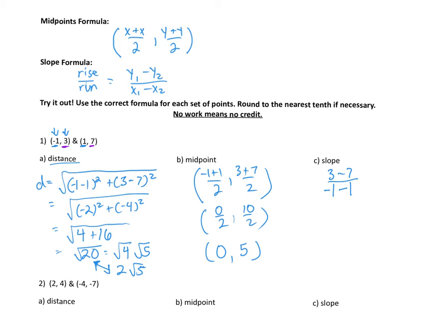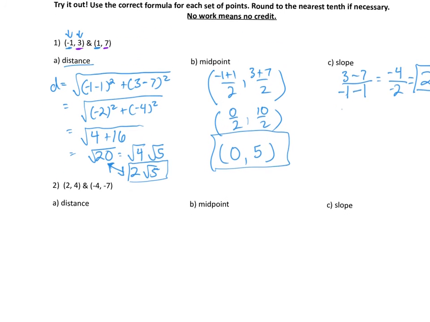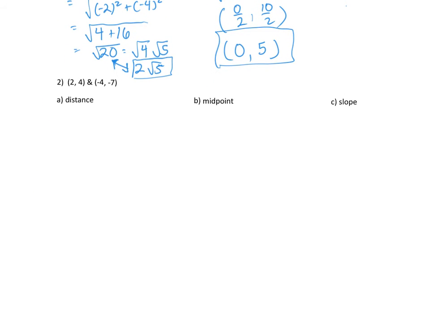And now I just have to find that slope. 3 minus 7 is negative 4 over negative 2. Simplify that some more. That gives me positive 2. The slope is just 2. So here is my slope, here is my midpoint, and here is my distance. I could have done the square root of 20, and that would have been an appropriate answer also. Let's go on to practice number 2.